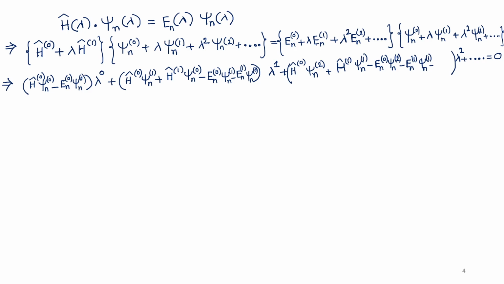We have another term, that is en2 sine 0. Now this equation we have is in terms of lambda to the power 0, lambda to the power 1, and it will go on.